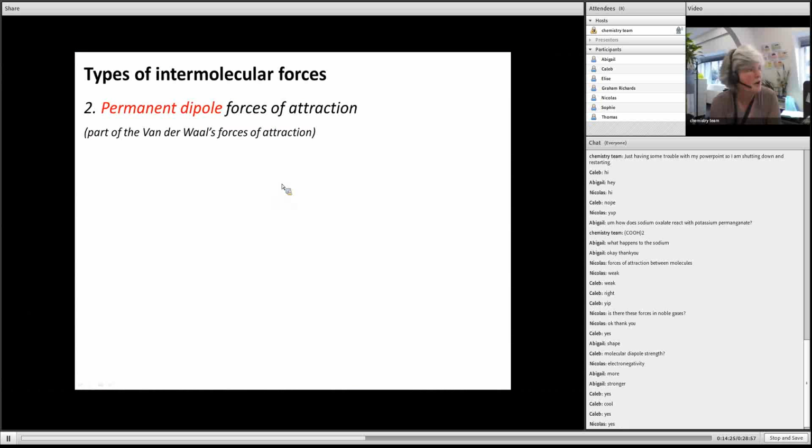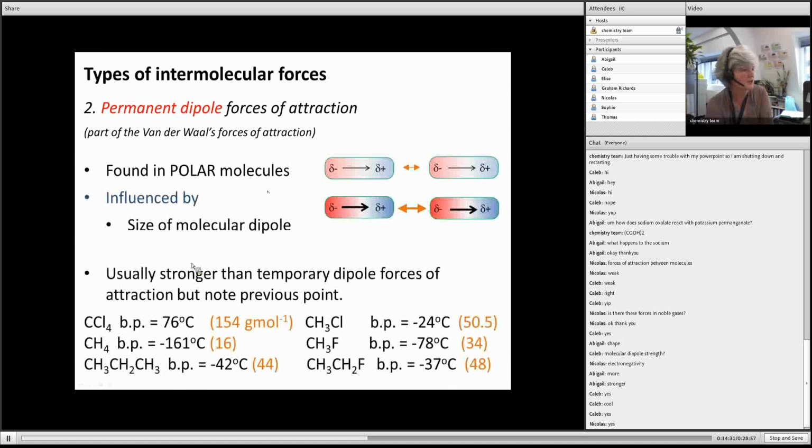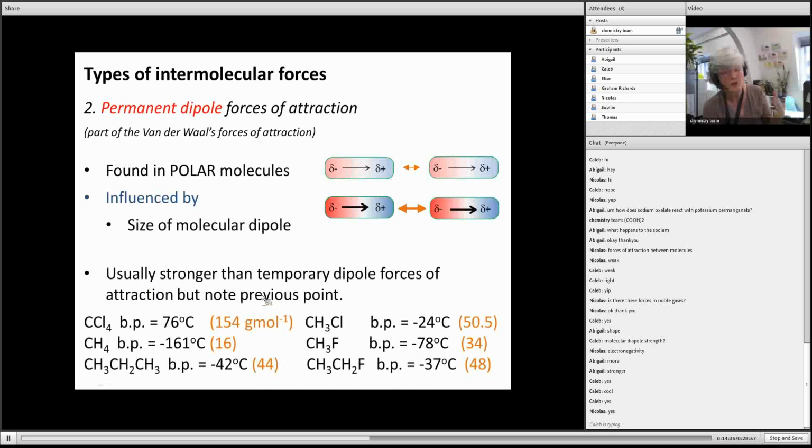Okay, then the last one is, sorry, hang on. I meant to go to the next, I forgot about this bit. So this is the bit about permanent dipole forces usually being stronger than temporary dipole force of attraction. But as I say, your mass can influence things. So take, for instance, carbon tetrachloride.